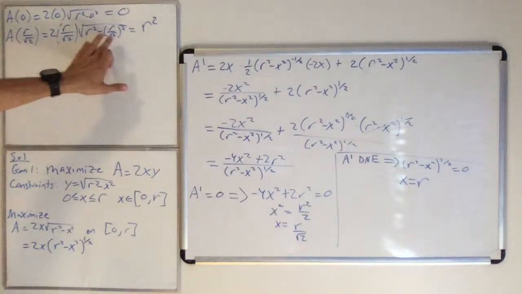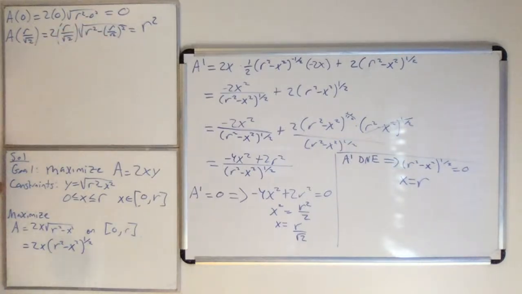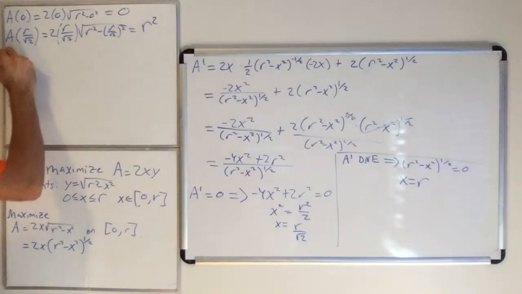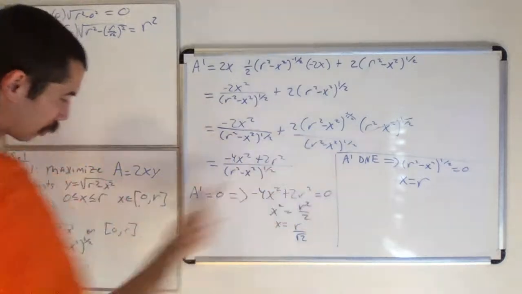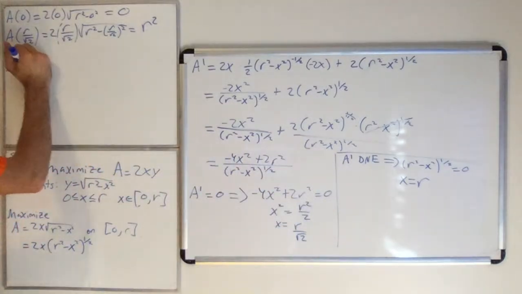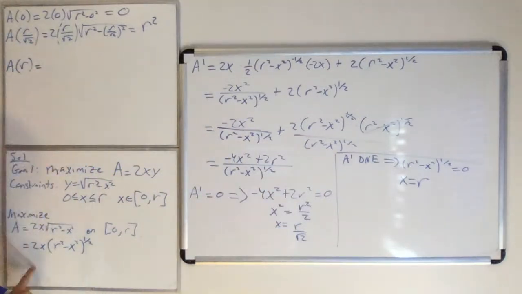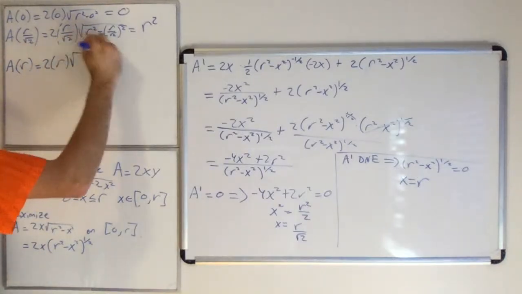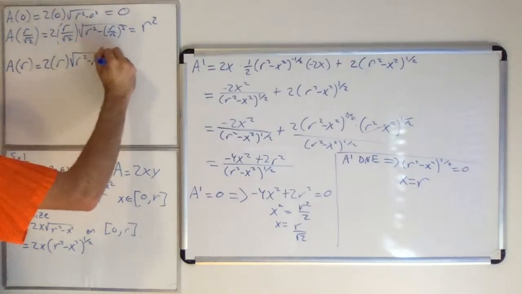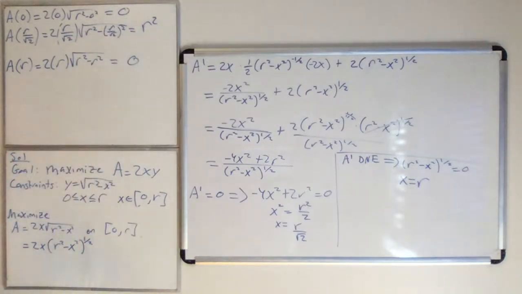Okay, so you could do this algebra on your own if you'd like. And the last point we have to check is the other critical number, which is also the last endpoint. When x equals r, you get 2 times r times the square root of r squared minus r squared, which is 0. Okay, and so the question wanted us not to find the dimensions, but to find the largest area.